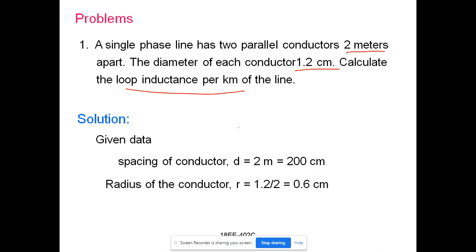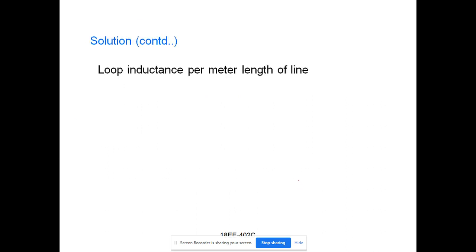The radius of the conductor r is 1.2 by 2, because the diameter is given as 1.2. To get the radius, we multiply the diameter by 1 by 2, so 1.2 by 2 is equal to 0.6 centimeters.